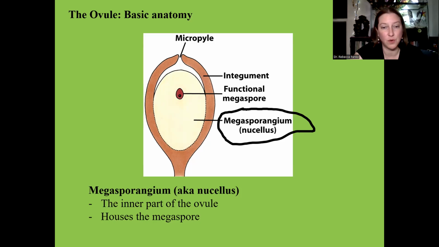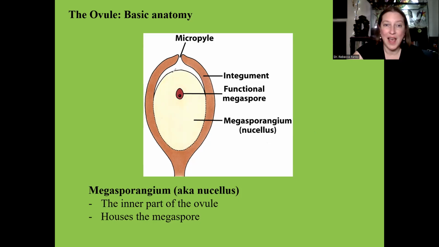Okay, so that's where we should start. But these are the basic parts. You have a megasporangium, which is this whole beige circle. AKA nucellus. In the ovule, the megasporangium is also called the nucellus, which you could also see in your book.